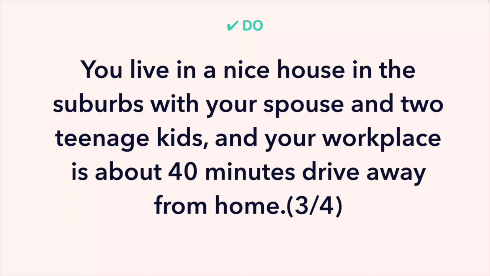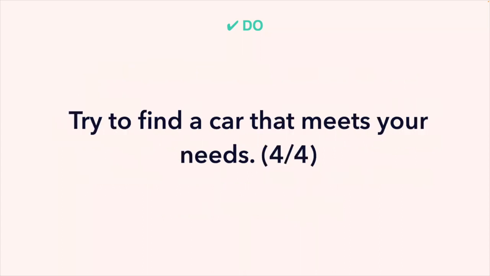But now we've added a level of depth there, that actually you have different needs. And we're really putting the imagination into overdrive here, because the tester is now fully immersed. Finally, try to find a car that meets your needs. So what we've actually done is we've taken that first question, the example we had of what not to do, try to find a car, and we flipped it over and we've put that at the end.